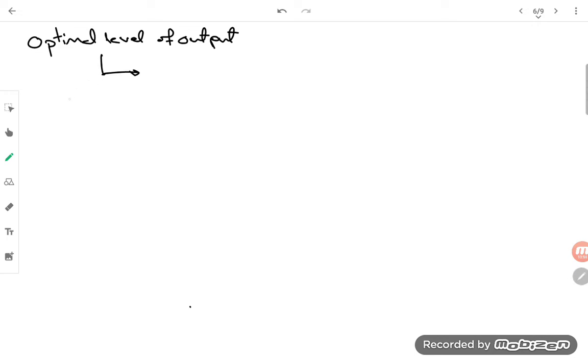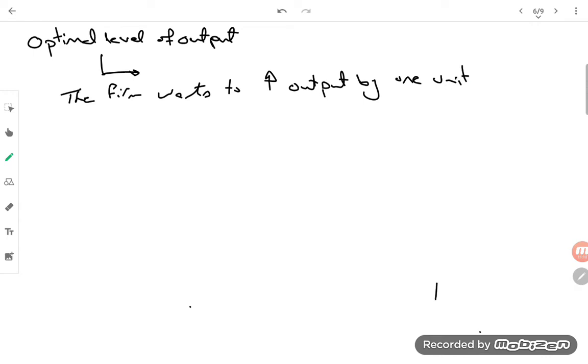If you are going to talk about the idea of marginality, in case of optimal level of output, this means that you would like to increase production by 1 unit.